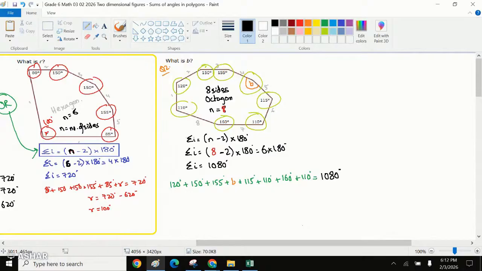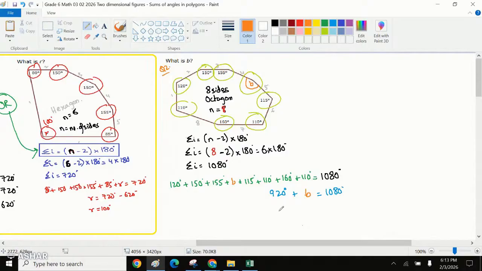Agreed? So when we add all these angles which are given, 120 plus 150 plus 155 plus 115 plus 110 plus 160 plus 110, it comes out to be 920. So the sum of these angles, 920 plus the angle B, should be equal to 1080.